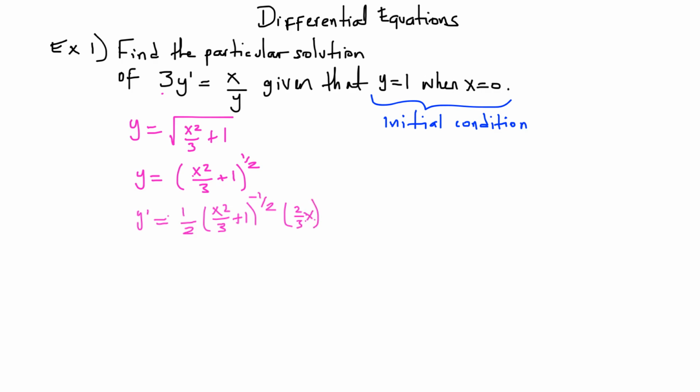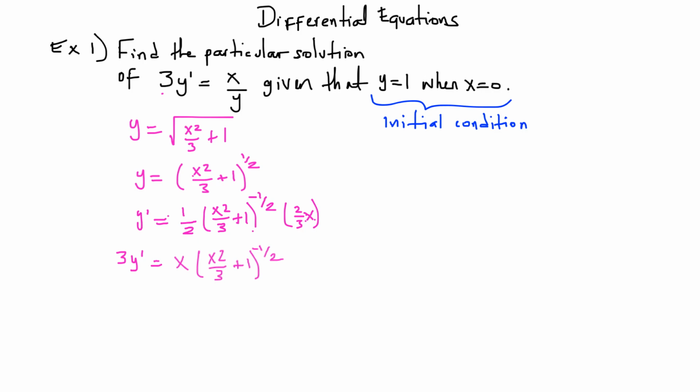So that's y prime. Now the problem says 3 times y prime, so if I multiply this by 3, we'll get 3y prime equals, and then you can see that if I multiply here by 3, it'll cancel this 3 here, so then I'll end up with 2x here, and then this 2 is going to cancel with this 1/2, so basically what I have is just x times this amount. So let me write that down. x times x squared over 3 plus 1 to the negative 1/2.